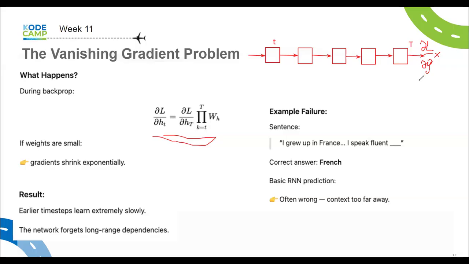Remember, T is Y hat times the weight that will generate the outputs, then the sigmoid function. So it's actually going to be times the weight of Y hat, which we can call W_T, the big T. Times a certain factor. That factor is brought about by the activation function.